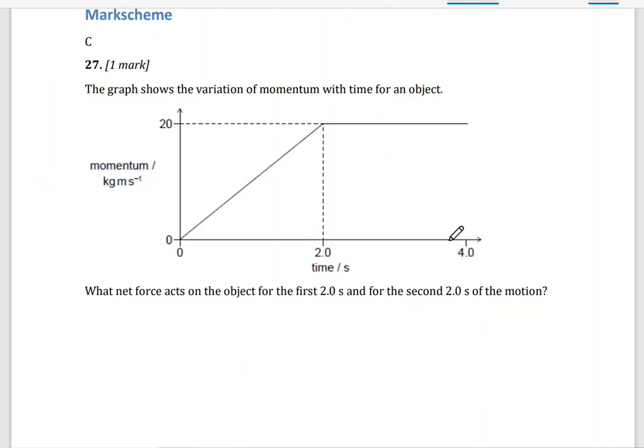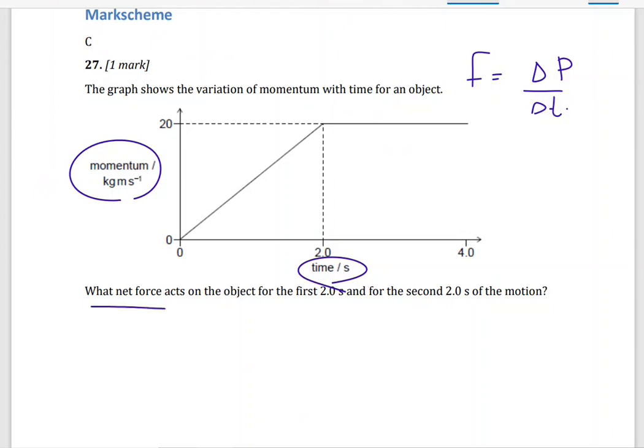So here you have momentum versus time, and I know from Newton's second law, force equals change in momentum divided by change in time. So force will be the slope of the momentum versus time graph.